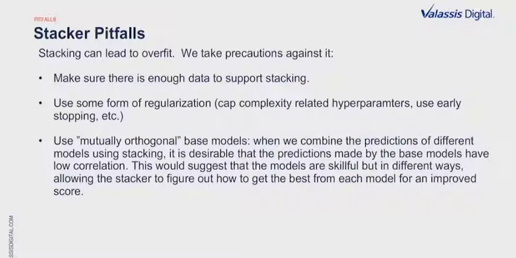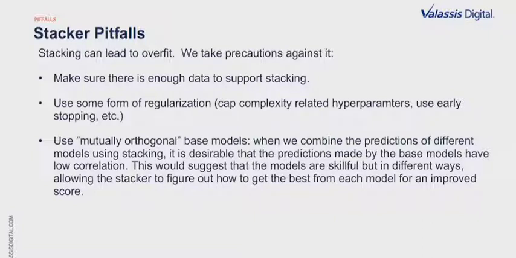When we're using stackers, there are some things we need to pay attention to. Due to its sequential nature, it is prone to overfitting, so we need to take some precautions against it. First, we need to make sure there is enough data to support stacking. There's one case in which a stacker has not been shown to have stronger performance than base models: when the base models have high variance.